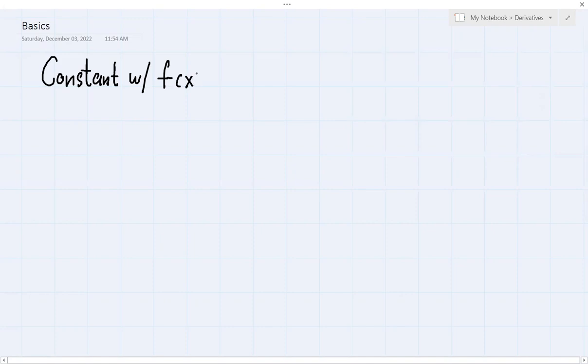Constant with function. So, what does it mean? Okay? Constant with function. Ibig sabihin nun, it is a term na may constant na may function. Pero let's simplify natin. Anong itsura ng function? Yung function na to, pwede itong algebraic. Pwede rin itong trigonometric.